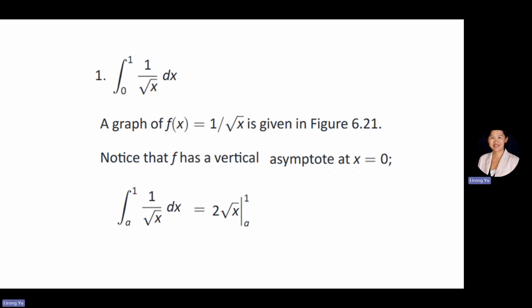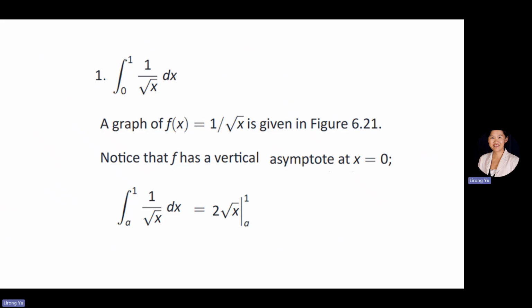So in order to integrate this with the power rule, we get x to the -1/2 plus 1, over -1/2 plus 1. That's the antiderivative. So what's -1/2 plus 1? It's positive 1/2. So this is actually x to the 1/2 power over 1/2. And that's 2 times x to the 1/2 power, and that's 2 times root of x. So the antiderivative of the function is 2 times root of x.